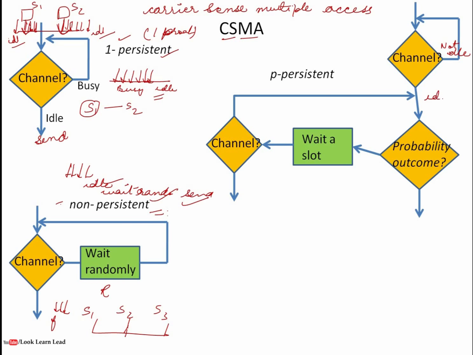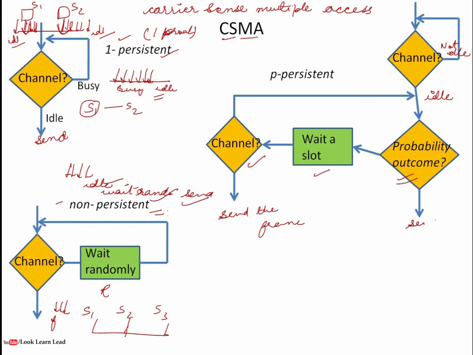If the channel is idle, it would check the probability of getting a slot in the channel. It would wait for a slot and then it would sense again. So it is better than one persistent. In this it would sense the channel two times, and after this it would send the frame.